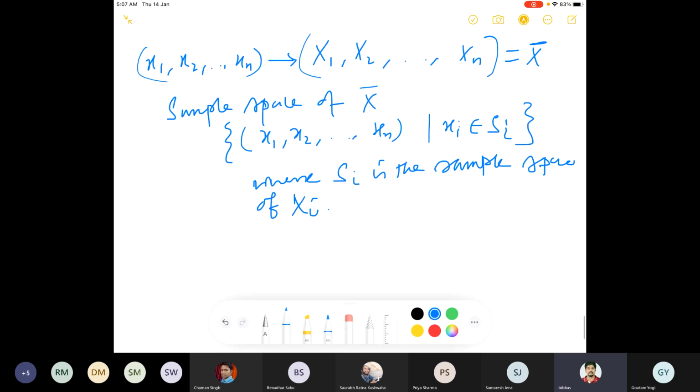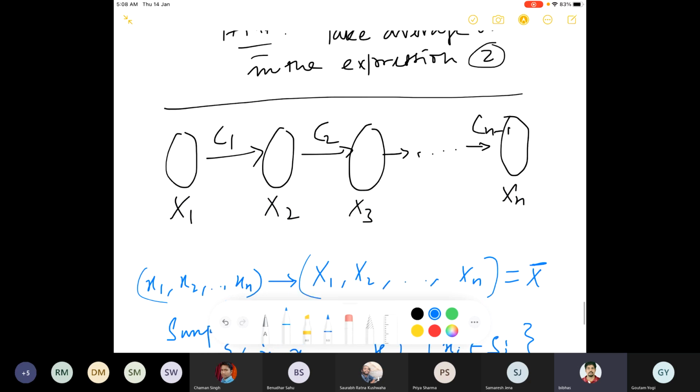Okay, now the question is, can we define all the mutual information, this and that? Mutual information is always defined between two random variables, because it is mutual. It is not like a joint thing of many more. It's only between two. And the question is, can we define, let's say, okay, by the way, whenever I am saying this, this is just a prototype. Prototype means it need not be the case that x1 is at the first place, x2 at the second place.